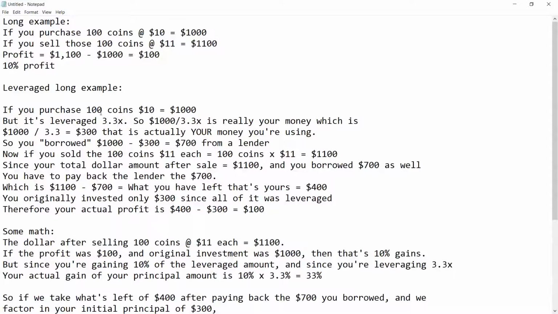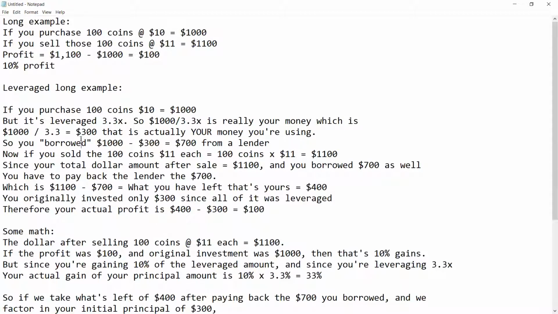Now, if you purchase 100 coins at $10, which is equal to $1,000, it means that it's leveraged 3.3 times, right? So what you would do is you would take your $1,000 position divided by 3.3, which is really your money, okay? That's really your money that you're playing with. You're playing with basically 1,000 divided by 3.3. That's equal to $300. That's actually your money that you're using, okay?